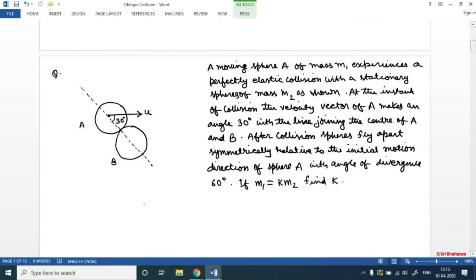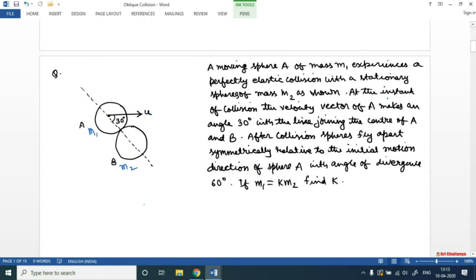This is a question we can solve. We have two balls, and let's say the mass here is m1 and the mass here is m2. A moving sphere A of mass m1 experiences a perfectly elastic collision with a stationary sphere of mass m2 as shown. It is moving with velocity u, and sphere B is stationary just before the collision.